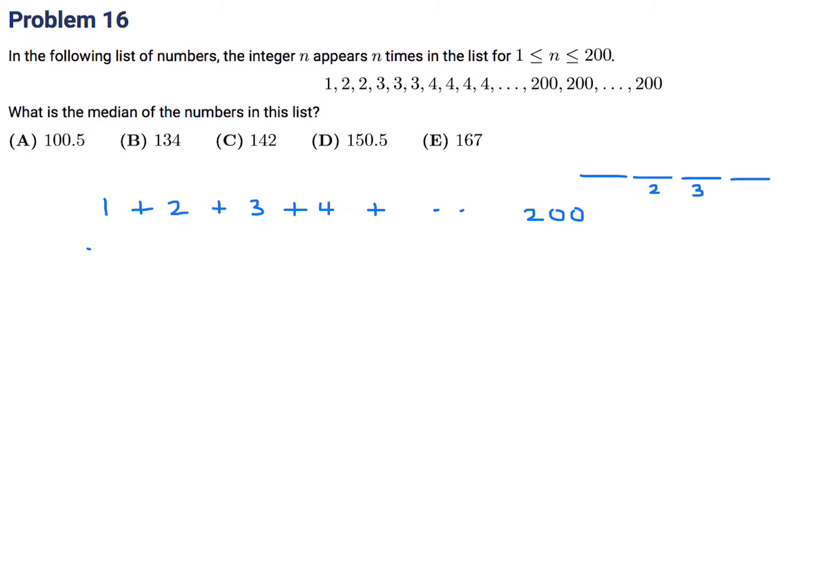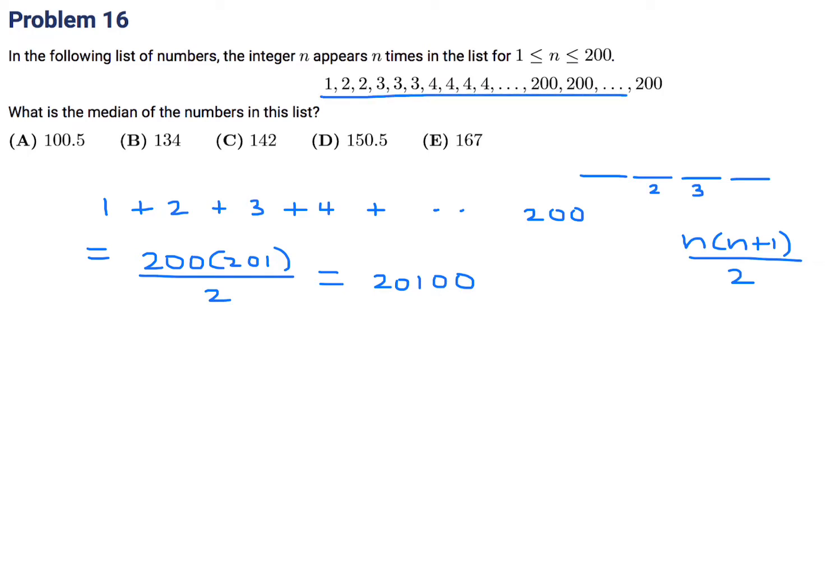So this is the number of terms in the list. Well, you know that formula for consecutive numbers. So that's the formula I will use. Divide that by 2, and when you do this math, you get 20100. So this is how many terms there are in that entire list.